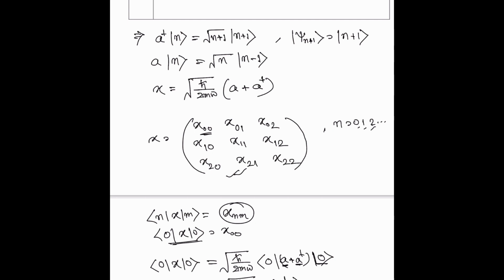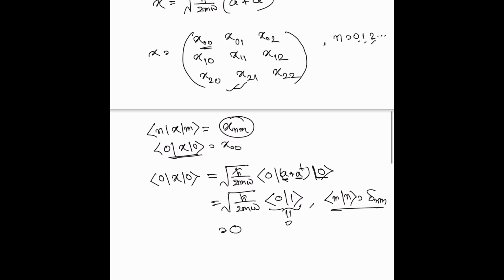Now the orthonormality property is <m|n> equal to delta nm. So if m is not equal to n, then this is just 0. So the first diagonal element is 0, and similarly we can show that all the diagonal elements are 0.